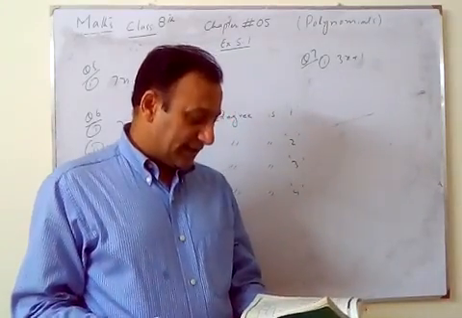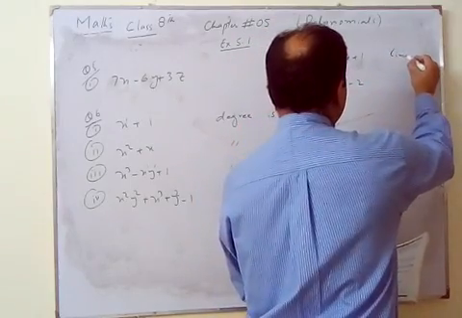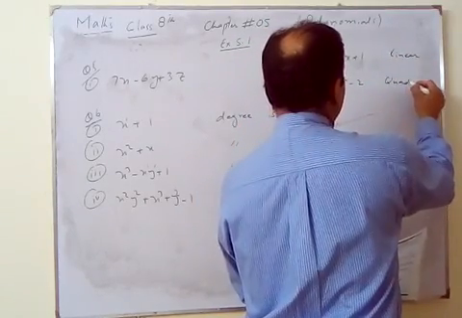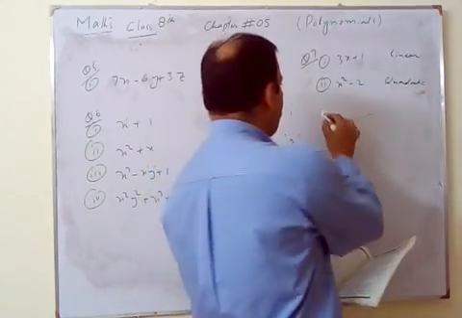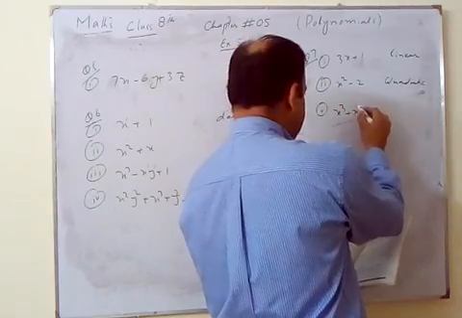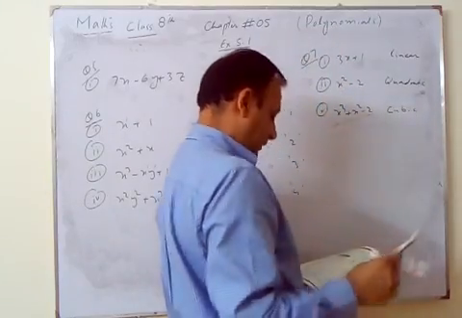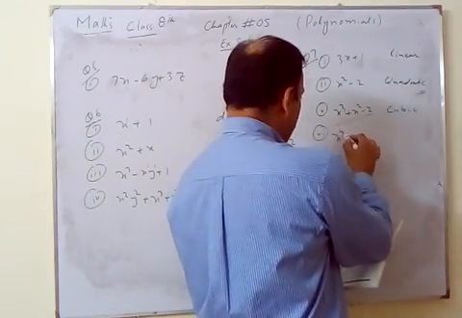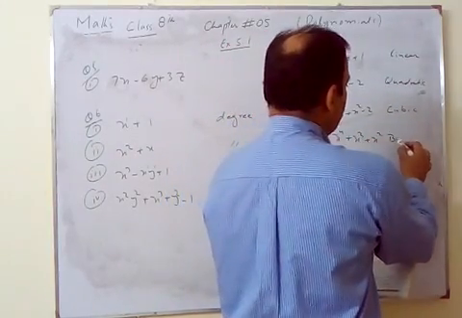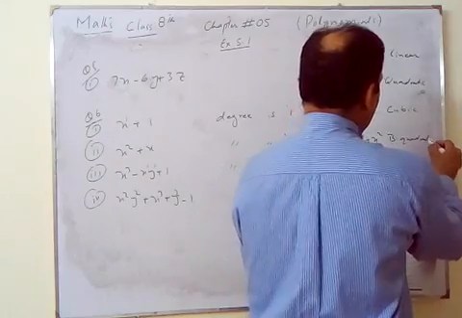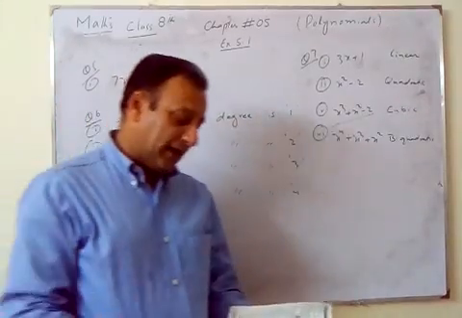Second expression, x square minus 2, this one is quadratic. In the fifth part, x cube plus x square minus 2, highest power is 3, so it is cubic. In the sixth part, x power 4 plus x cube plus x square, highest power is 4, so it is biquadratic.